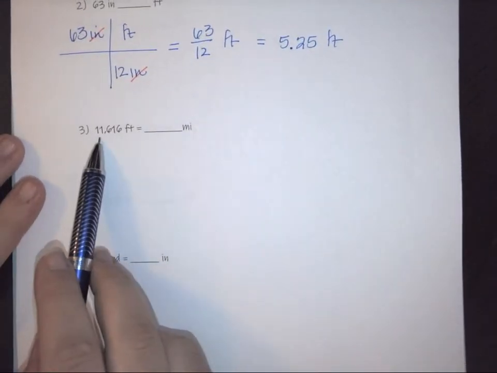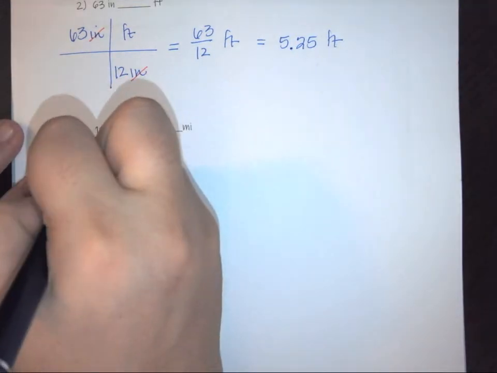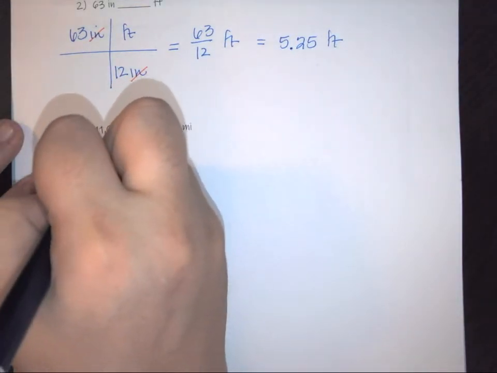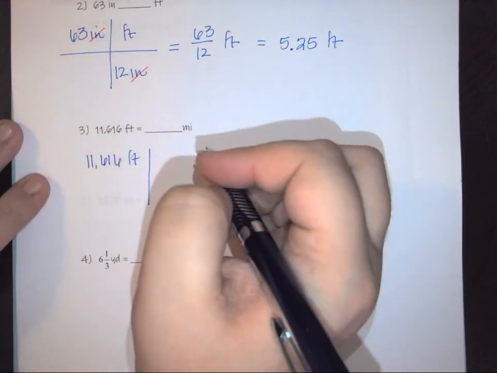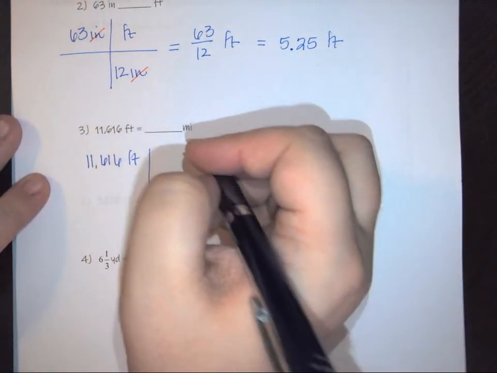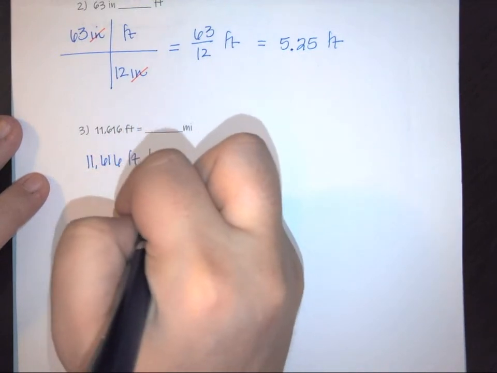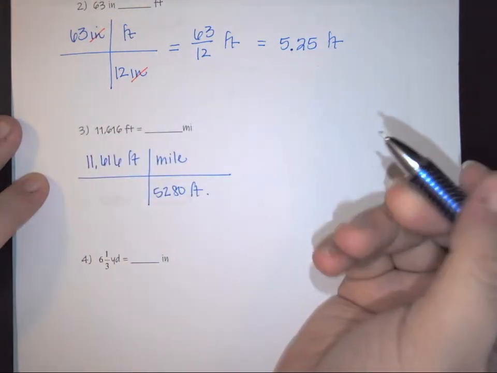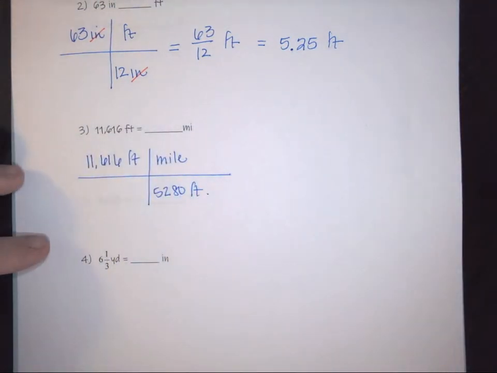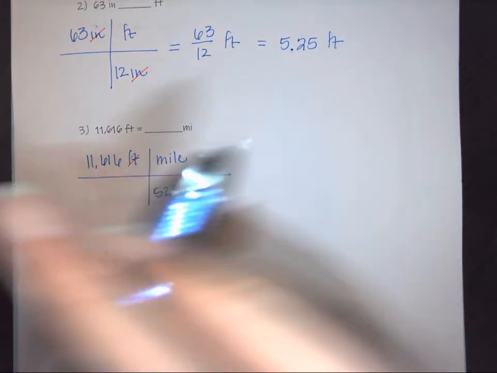Now here I have 11,616 feet. I want miles. So I need to start with the 11,616 feet. I know that I have in every mile 5,280 feet. So again, looking at it, my feet are diagonal from each other, so they cancel.